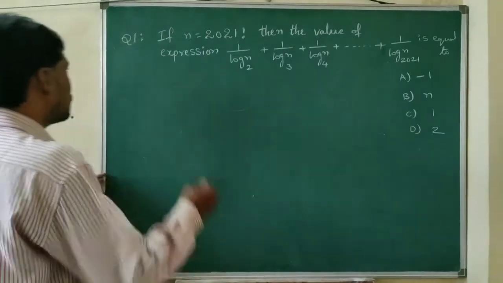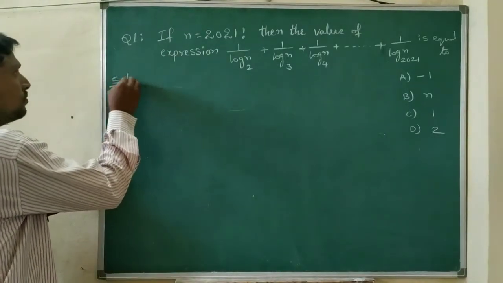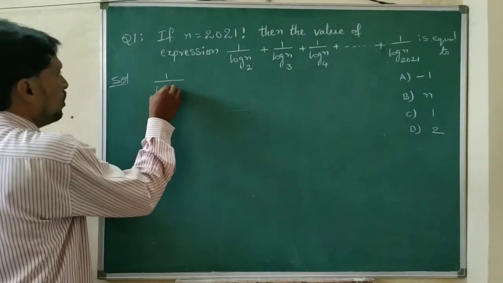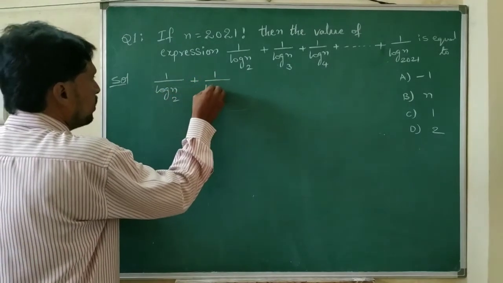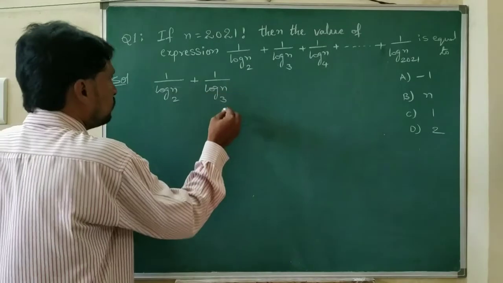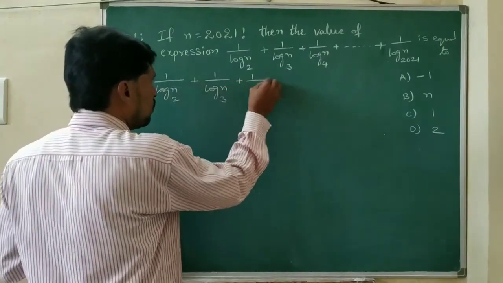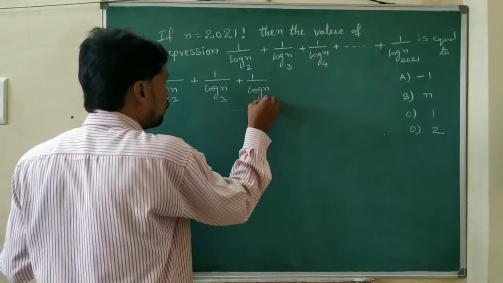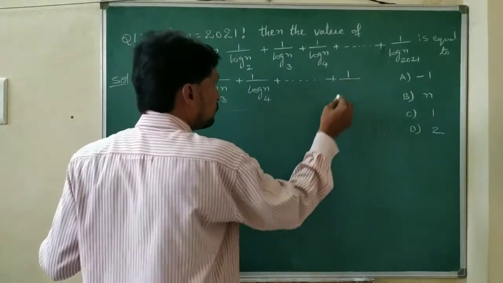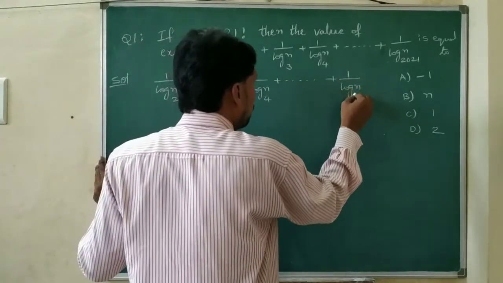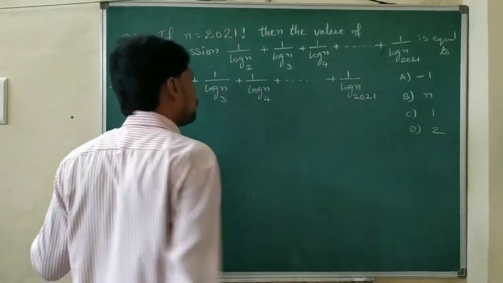Now first you have to take the given expression: 1 by log n base 2 plus 1 by log n base 3 plus 1 by log n base 4 plus so on, 1 by log n base 2021.